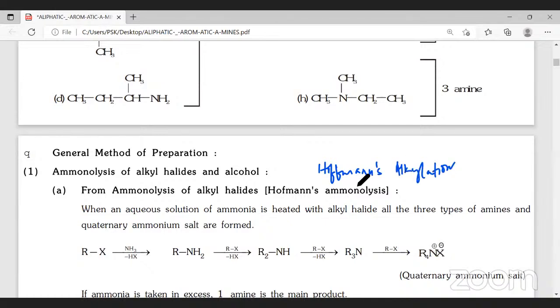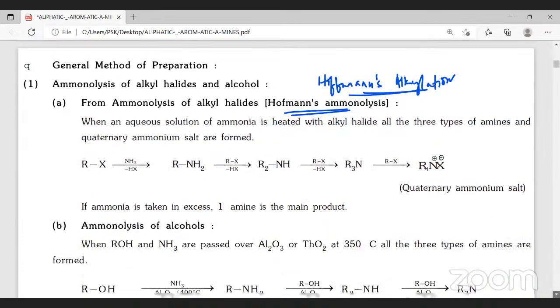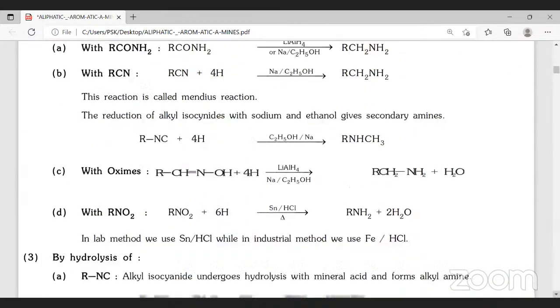So, preparation of amines from alkyl halides and alcohol, and under that, A is ammonolysis of alkyl halides.